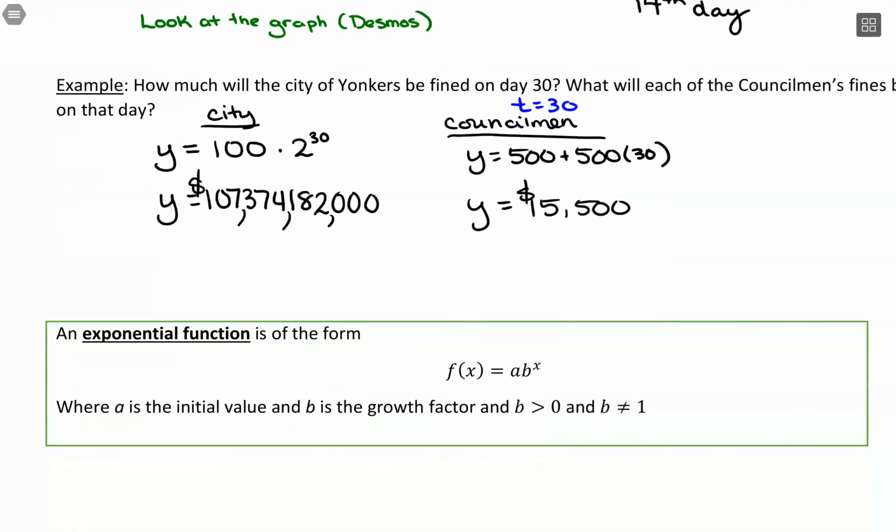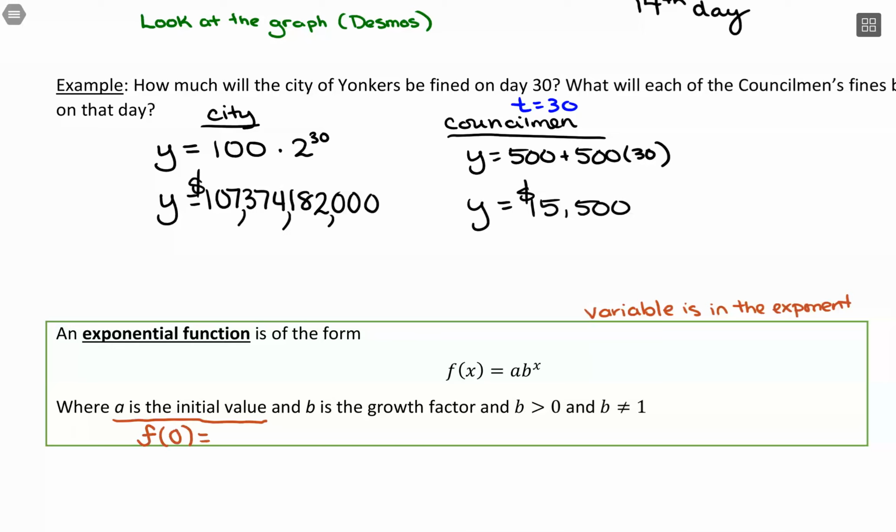All right, so our exponential function, the breakdown of it is we'll have a function where you have a times b to the x. What makes it exponential is that our variable is in the exponent. The exponent. So that's the key piece. A is the initial value, so it's the starting value, or you could think of that as where we plug in x equals 0.